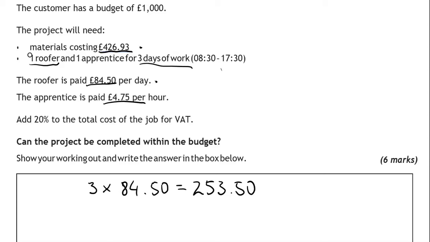So how many hours is that? From 8:30 in the morning to 5:30 in the afternoon. So you can go like this: 9:30, 1 hour, 10:30, 2 hours, and so on.